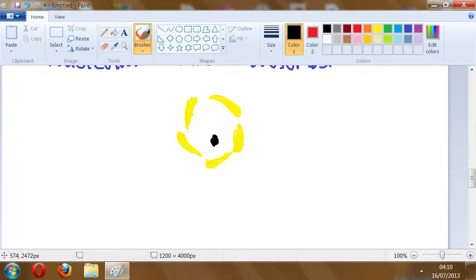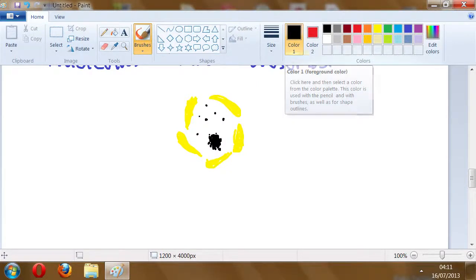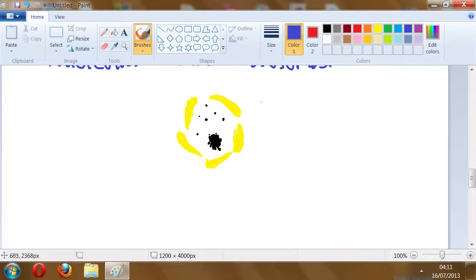We'll make it a big blob. Let's make it a little bit funky. Yeah, there you go. And what about the chromatin? I think with these things it's always best to just try and keep it simple.